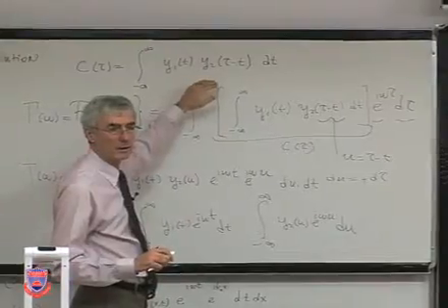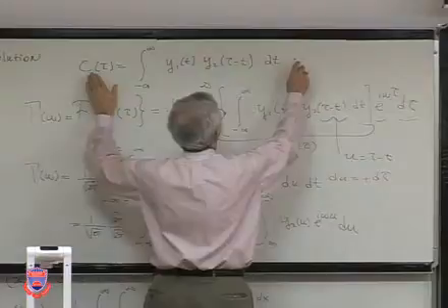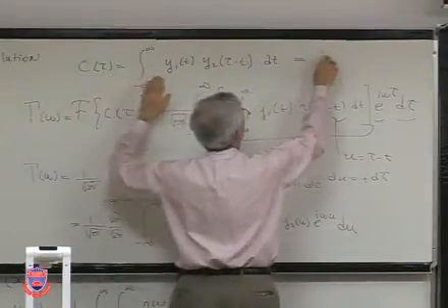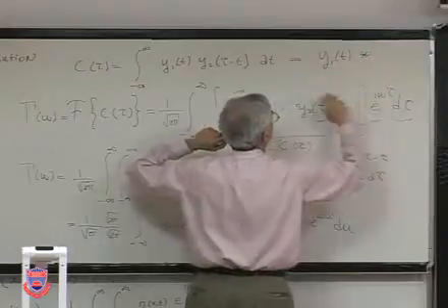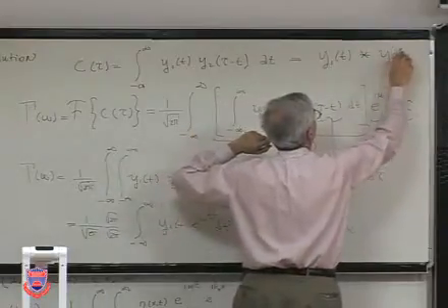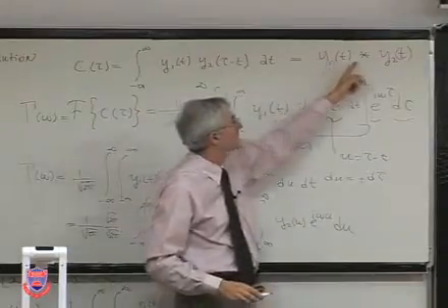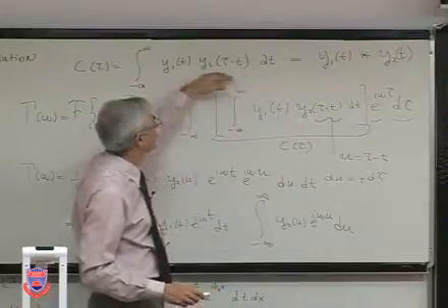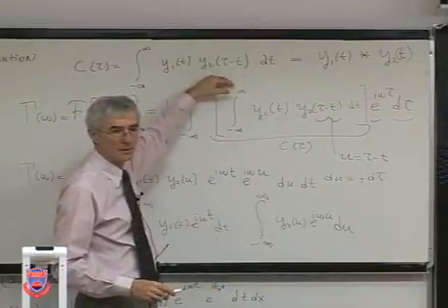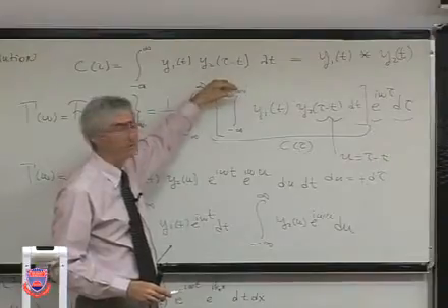Another way to express convolution is you take these two and put an asterisk between them. That's a sign of convolution. y1(t) asterisk y2(t) represents this convolution integral equation.